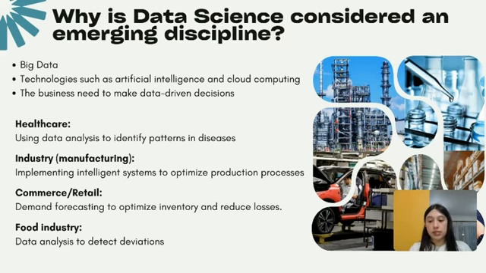And another one, my case, is the food industry. Data analysis is used to detect deviations, for example in microbiological results or production data, prevent contaminations, and improve batch release times.